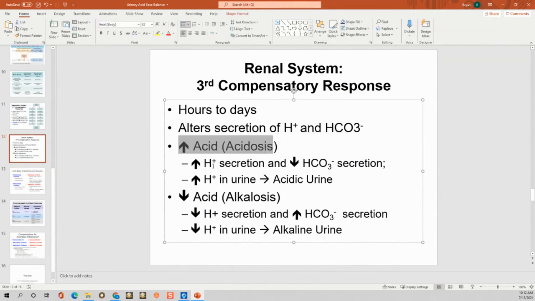We know that if we have acidosis, we're going to be secreting hydrogens. These are type A intercalated cells. We're going to be reabsorbing bicarbs. If we have alkalosis, we have type B intercalated cells, so we're always reabsorbing hydrogens, secreting bicarbs, and this is going to make your urine more alkaline.